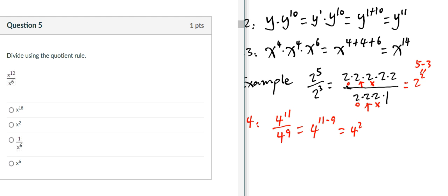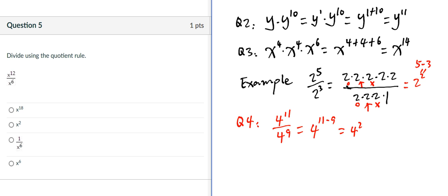Now question 5 is the same. The only thing here is the variable. Variable stands for any number. It tells us if here x is 4, then here x is 4. If here x is 2, here x is 2.